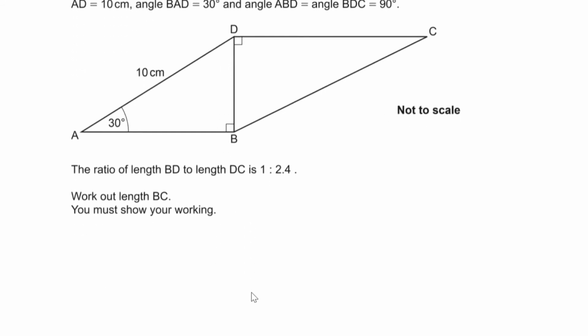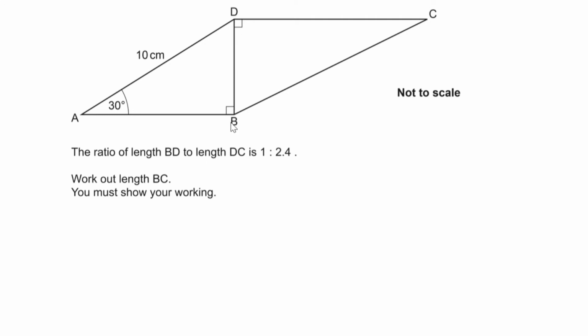Now before we do anything else, what we can do is find out the length of BD, and we can do that using trigonometry. We are given the hypotenuse, we are finding the opposite, we've been given an angle. What connects those is sine. So we have the sine of 30 degrees equals opposite, which is BD, divided by the hypotenuse, which is 10.